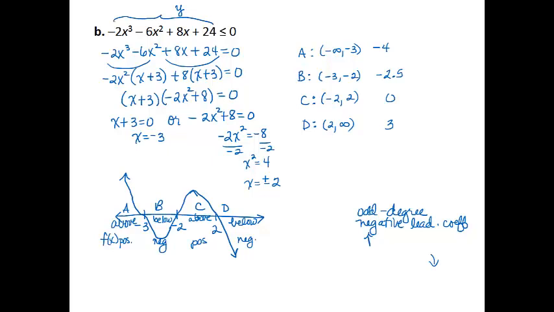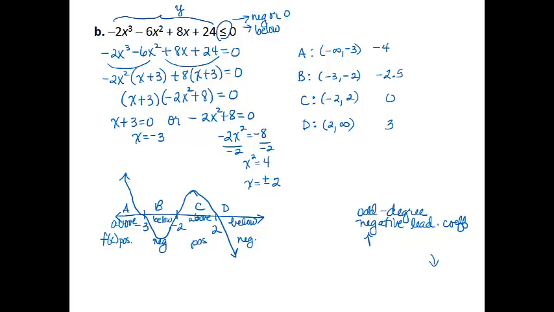Again, I could plug in these particular points and figure that out, but the graph helps me see that so quickly. And then I wanted to find where the function was less than or equal to 0. So that's where it's negative or 0. Well, negative means where the graph is below the x-axis.